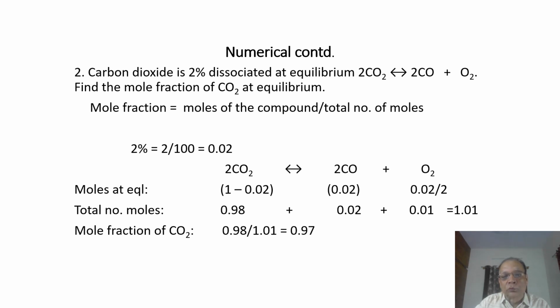Whether it is 1, 2, 3, whatever it is, we take 1, and then fit in the values according to the coefficients here. So it is 1 minus 0.02. This will be 0.02, and this, you see, is half of this, so it will be 0.02 divided by 2.